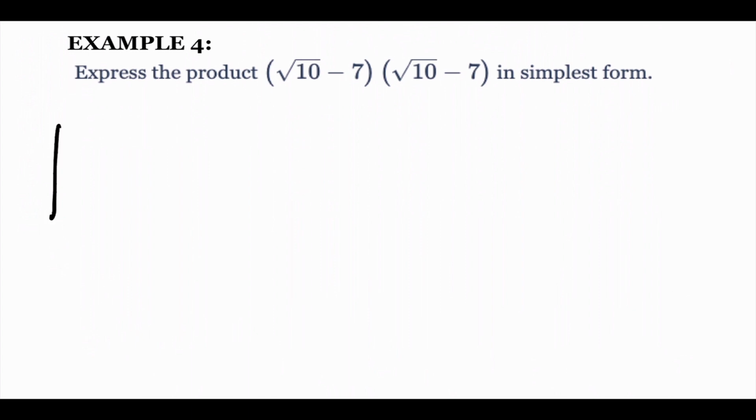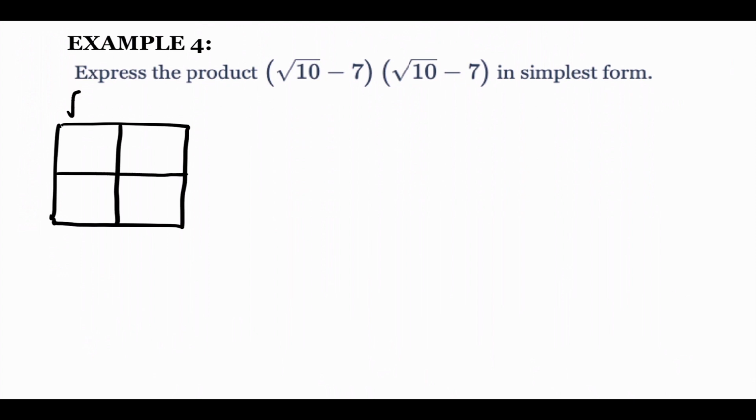So I need a box. They're the same 2 terms in each of the parentheses. It's square root of 10 minus 7 and the square root of 10 minus 7. So it doesn't matter the order.